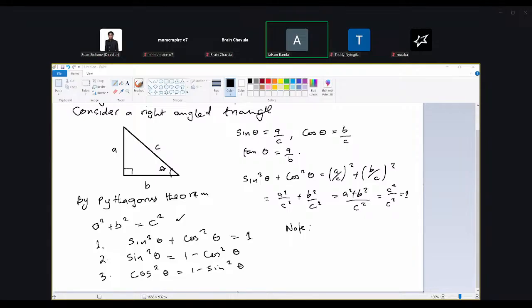Okay, so there's just one thing that I want you to know, probably you have noticed. When we say sine squared theta, what we are saying is this is sine theta squared. So the notation that we use is that one. So it is sine theta squared, which is just sine theta times sine theta.